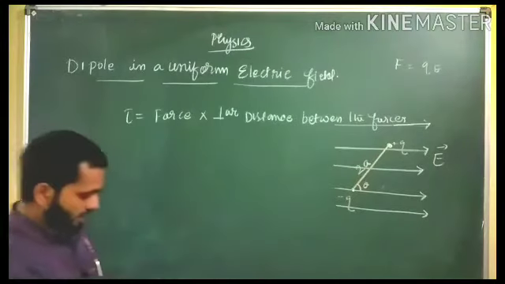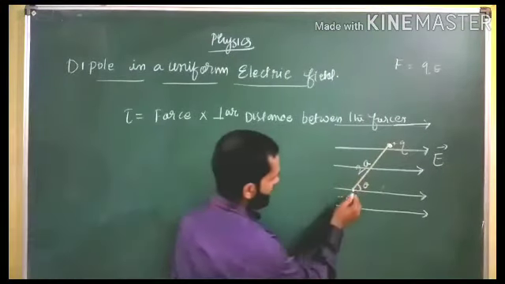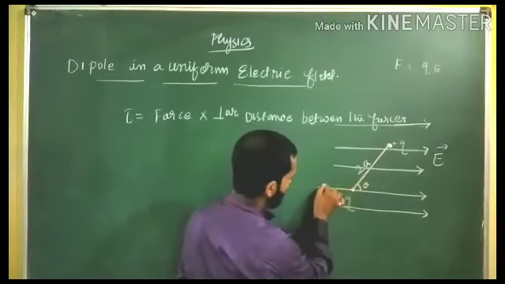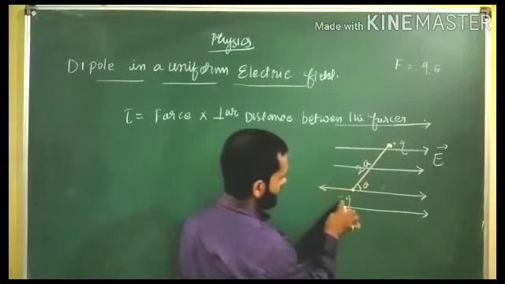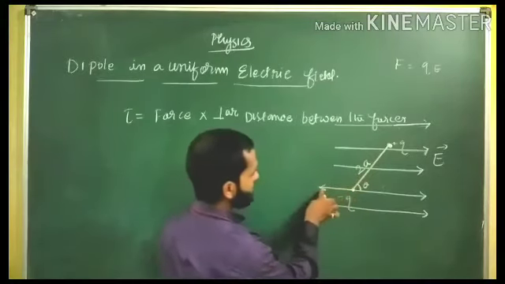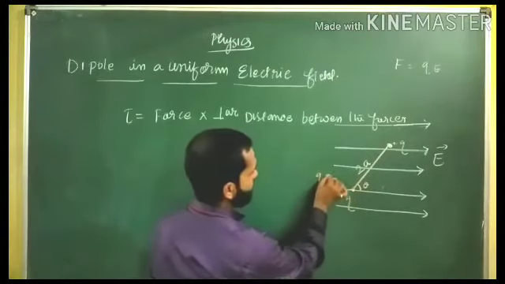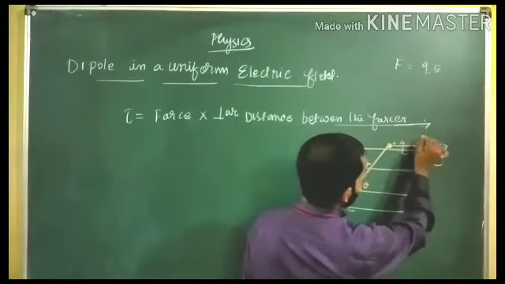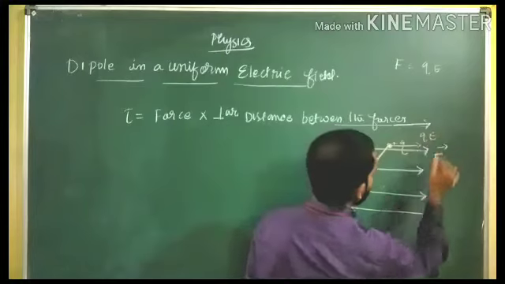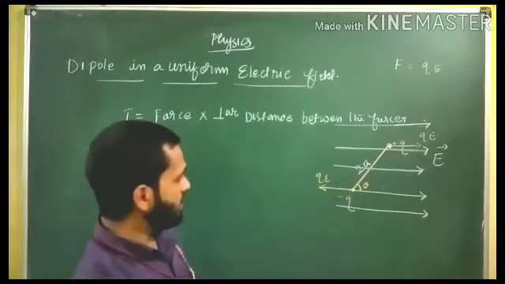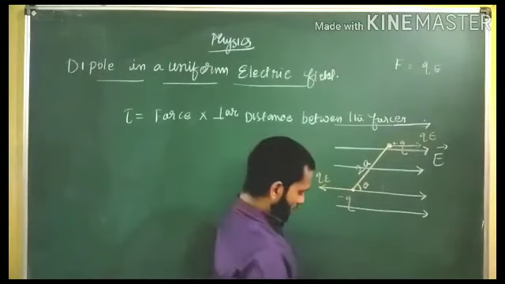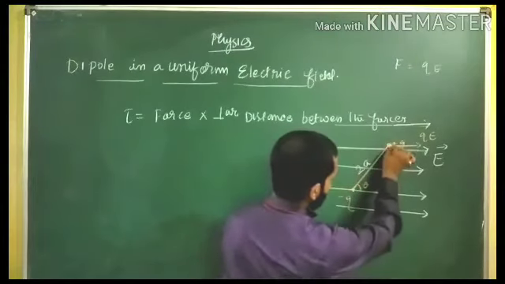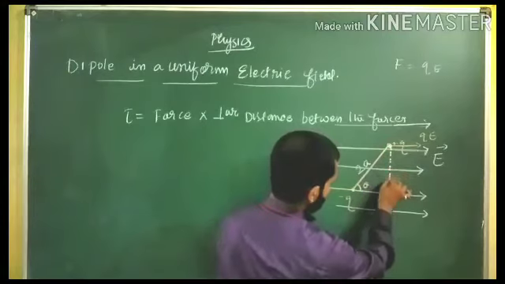Now here, what are these two forces, students? One force is acting in the opposite direction of the electric field, on the minus Q charge, this is the QE force. And here also one force is acting, along the electric field, equal to Q into E. In between these two forces, we want to mark the perpendicular distance.